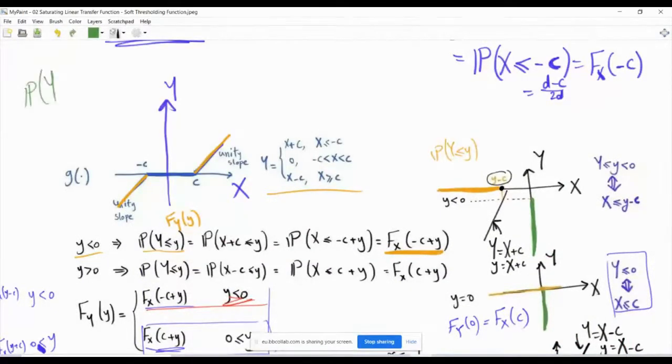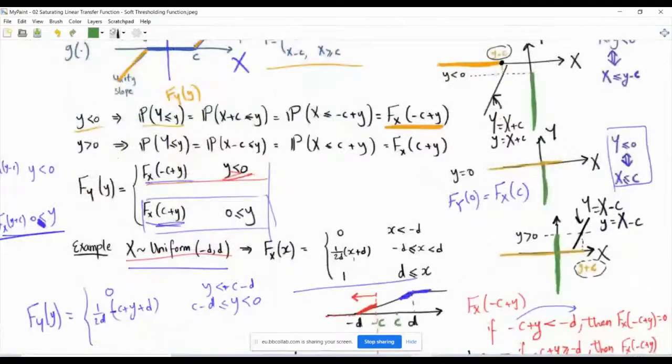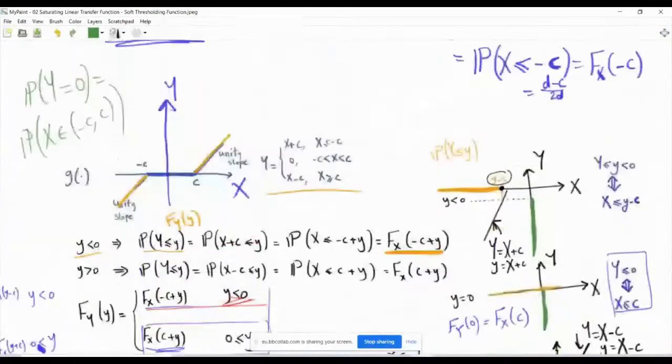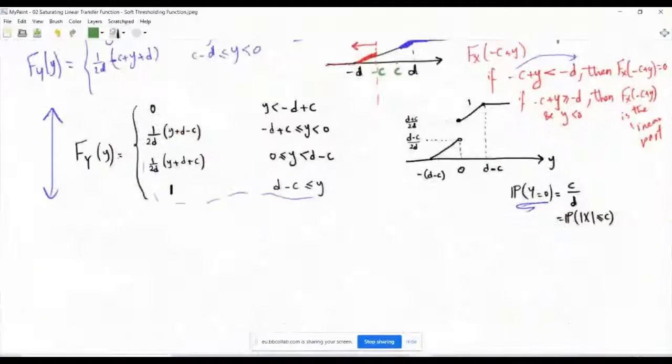What is the probability that y is exactly 0? It's the probability that x lives between minus c and c. If x is between minus c and c, then y is 0. And if x is uniform from minus d to d, the probability that it is between minus c and c will be what? This is the PDF of x, 1 over 2d, from minus d to d.